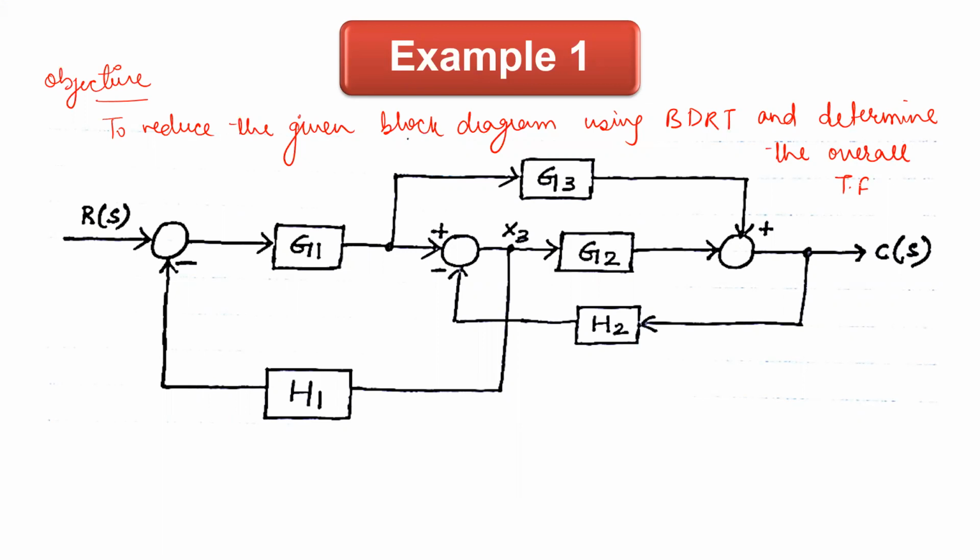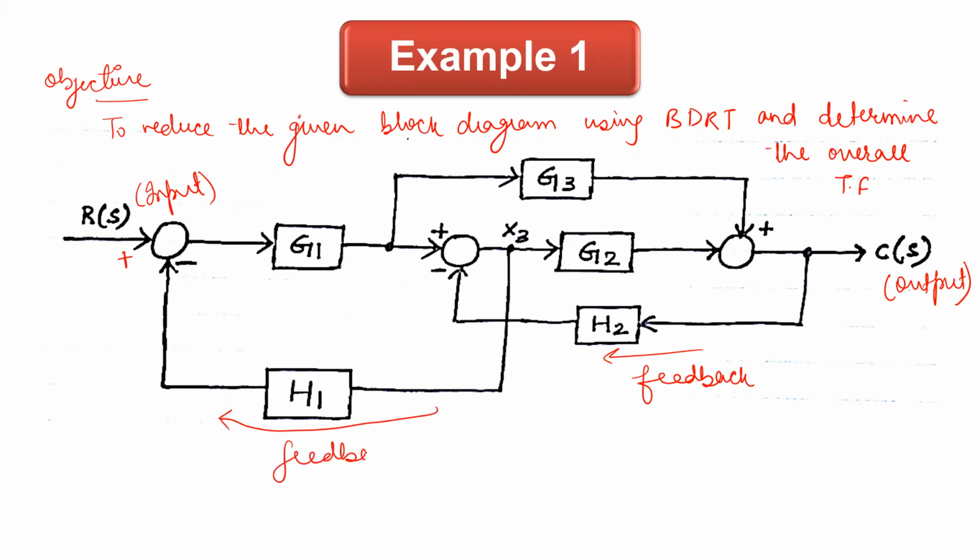As you can see in this particular block diagram, it has an input, and then we have the output here. This is the feedback, this is also the feedback, and this is the forward path.